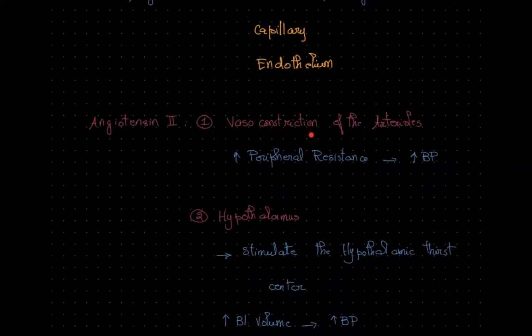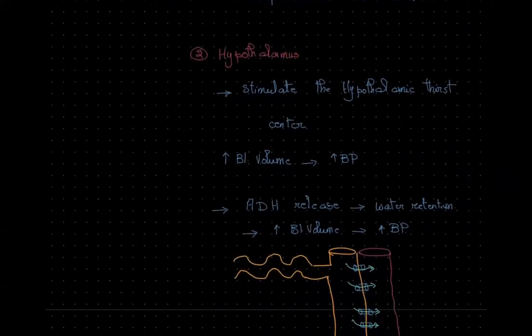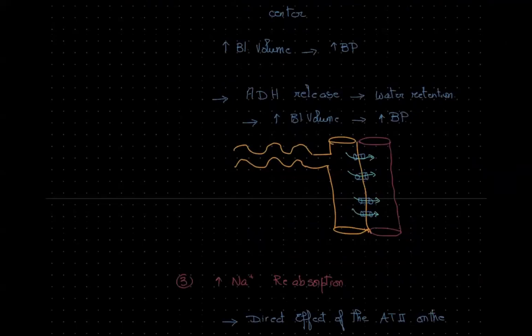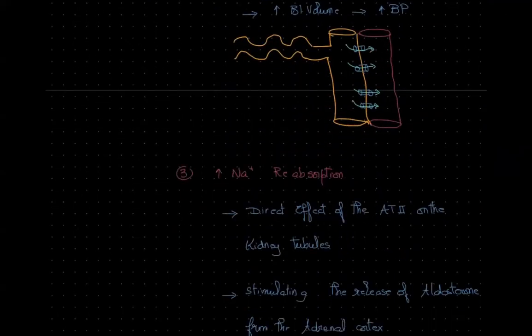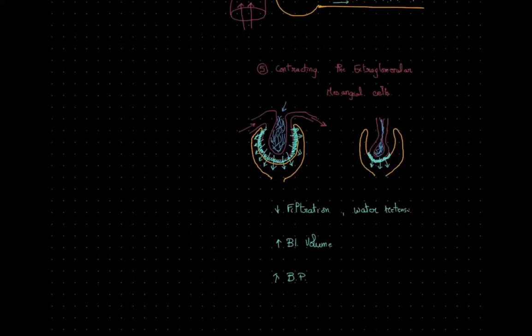Although vasoconstriction is going to be the very first thing as an effect of angiotensin II, and then you can do the hypothalamus effect and sodium reabsorption, those on the same level, and then the constriction of the efferent arteriole and contraction of the extraglomerular mesangial cells are on the same level as well.